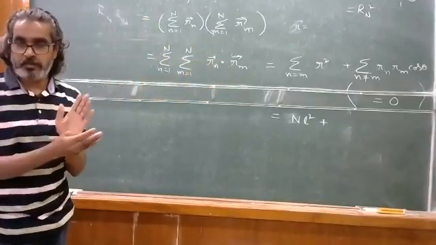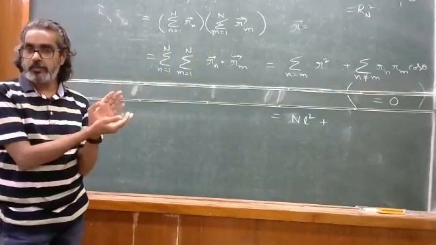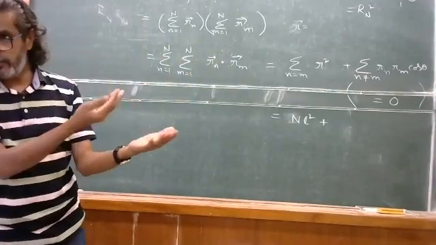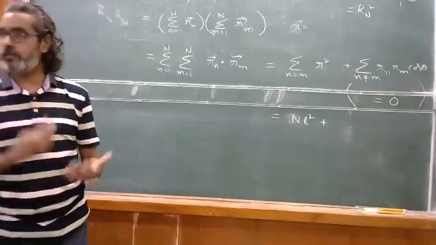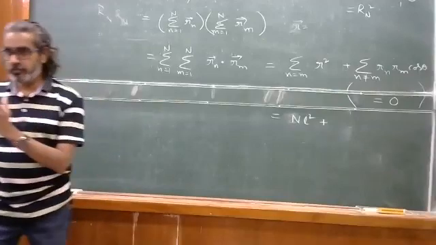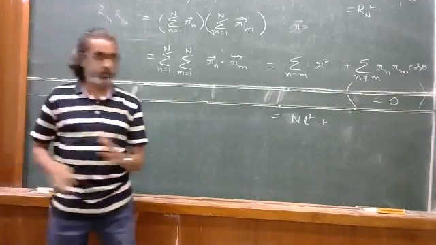Either you divide it: exactly half the number between 0 and 90, another half between 90 and 180. That argument also holds, because an equal number gives you the positive quantity and an equal number gives you the negative quantity. They cancel each other.